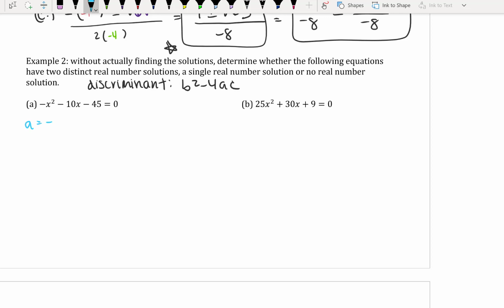Here my a value is negative 1, my b value is negative 10, and my c value is negative 45. So I'm going to have b squared minus 4a times c, plugging in negative 10, negative 1, and negative 45. Plug this into your calculator.